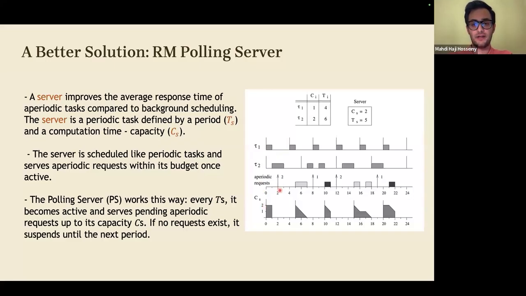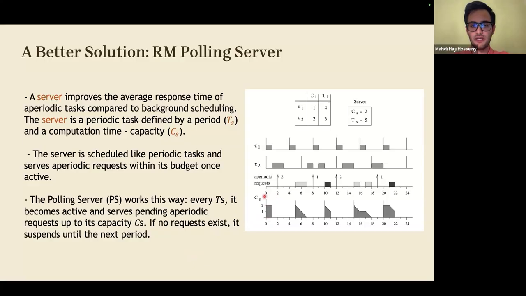And whenever we have an aperiodic request, for example, our training process, we can treat this process as a periodic task by dedicating the server capacity to this computation. The polling server works this way. In every period, it becomes active and serves pending aperiodic requests up to its capacity. If no request exists, it suspends until the next period.